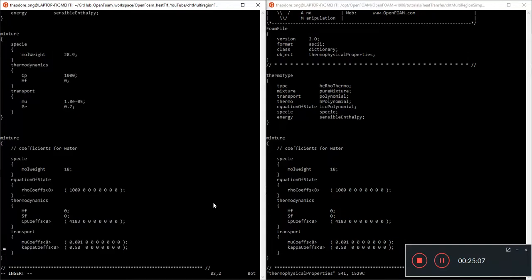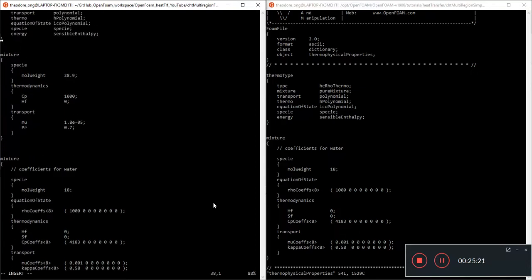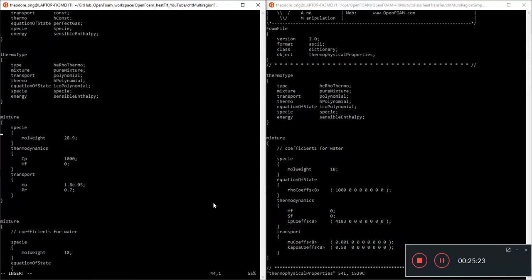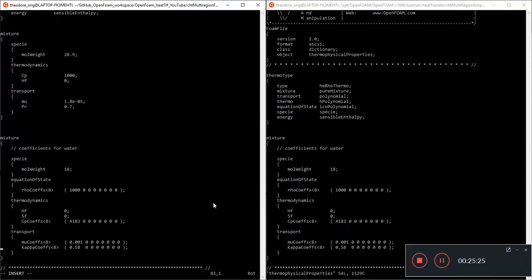This is one of the most versatile ways to define how the density changes with temperature. So with this, it's very good.